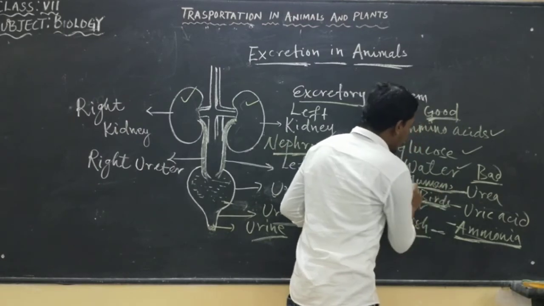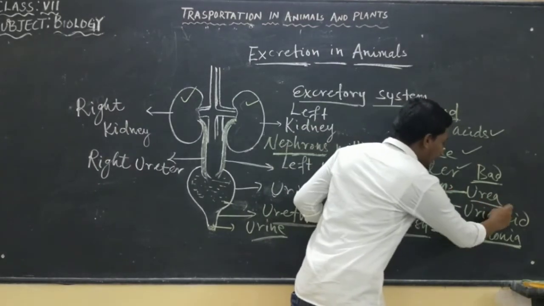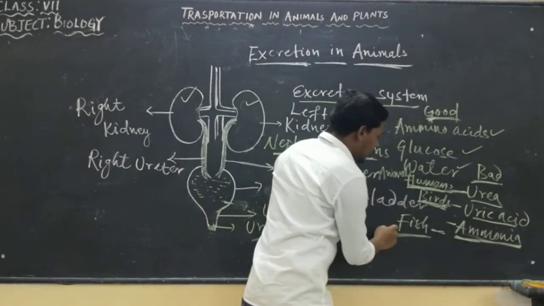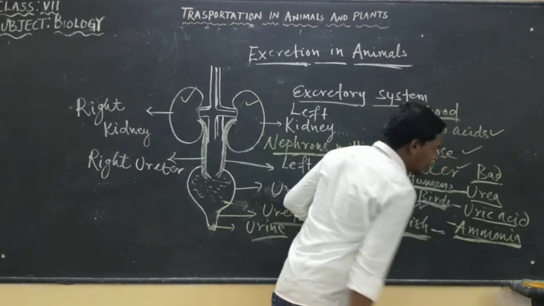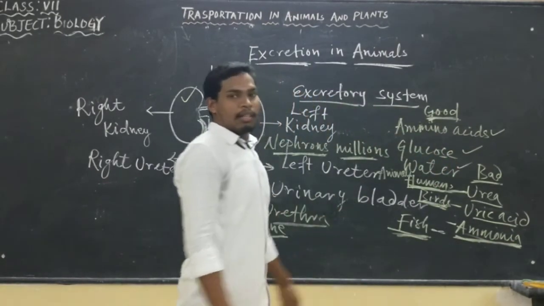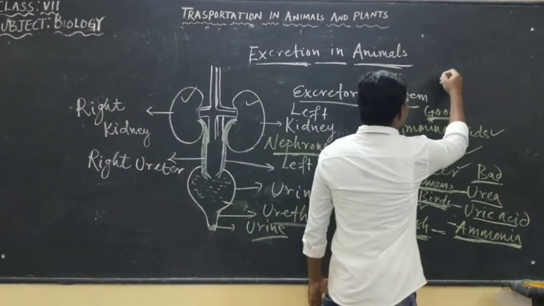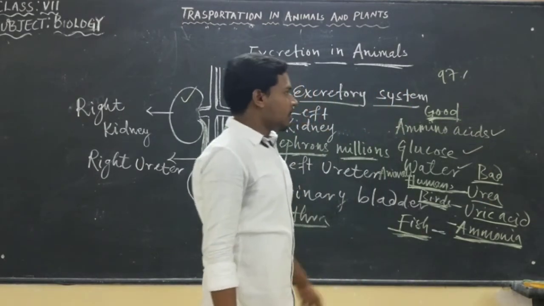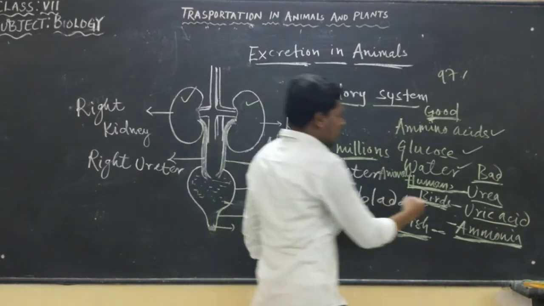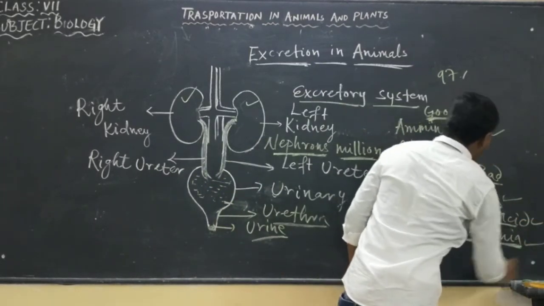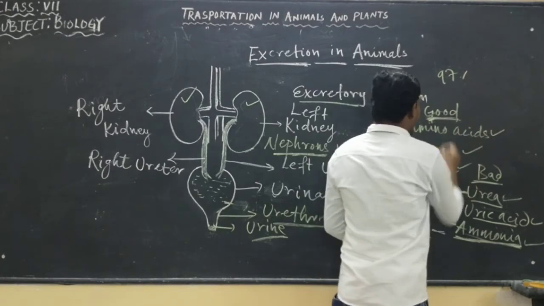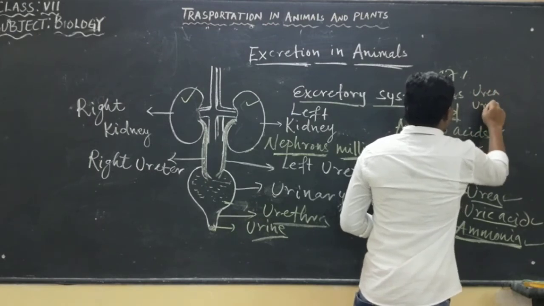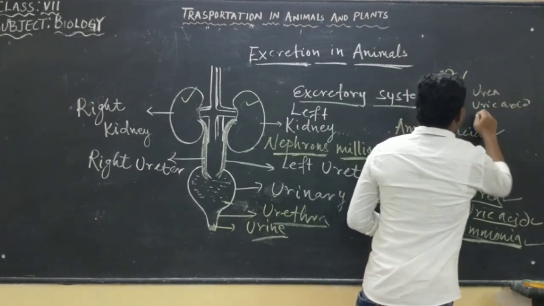Urine contains the maximum amount of water, around 97%, and very small amounts of urea, uric acid and ammonia.